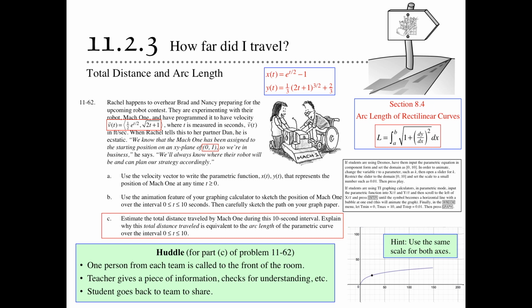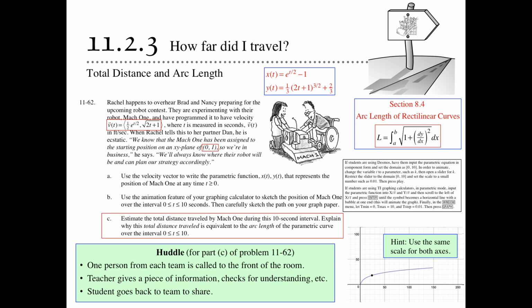Now, be ready. While making these estimations, many teams will just eyeball it, which they're supposed to do. But some teams might go a little beyond the intended scope of this problem and calculate the actual arc length or total distance traveled by converting the parametric equation into rectilinear form and then using the arc length formula that they know and have known since chapter 8.